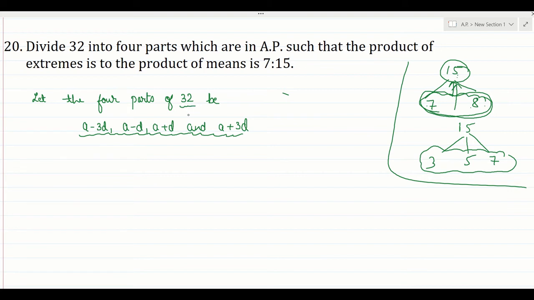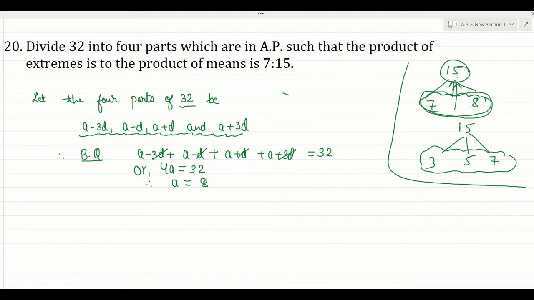Therefore, a minus 3d plus a minus d plus a plus d plus a plus 3d is equal to 32. Is this clear? Okay. Now minus 3d plus 3d cancelled, minus d plus d cancelled. So we are left with 4a is equal to 32. So on simplification we get a as 8. Is this clear?